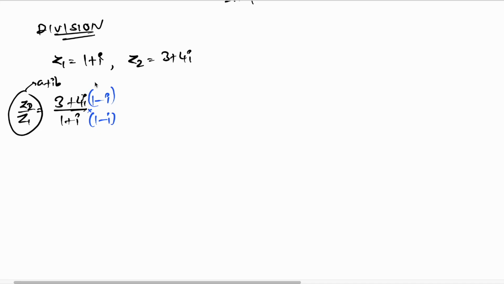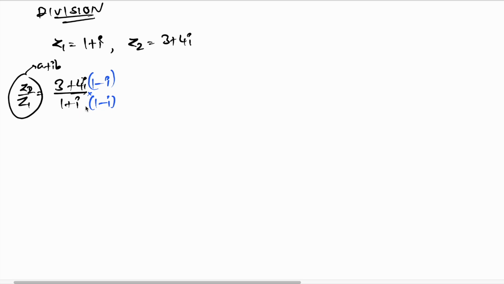Now the objective of doing this is that if I'm multiplying a complex number with its conjugate, my denominator will actually become free of i. There'll be no i term in the denominator. Now I'll move ahead with my multiplication.